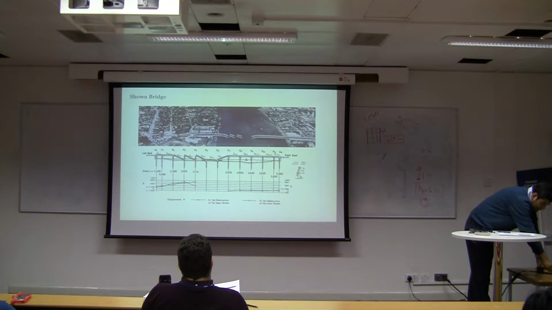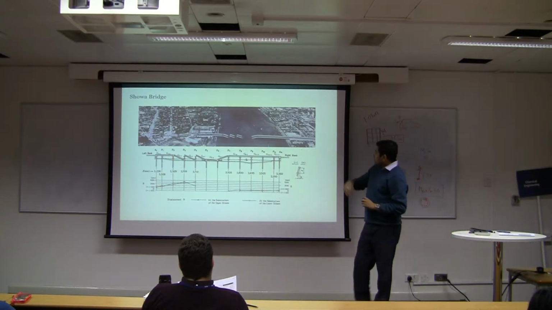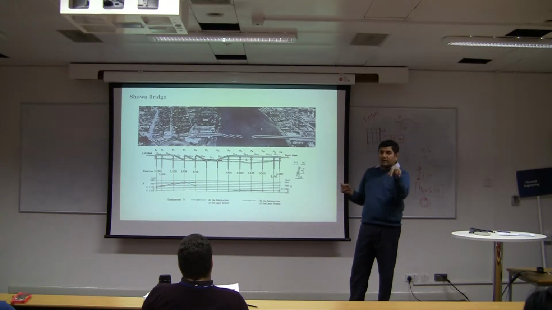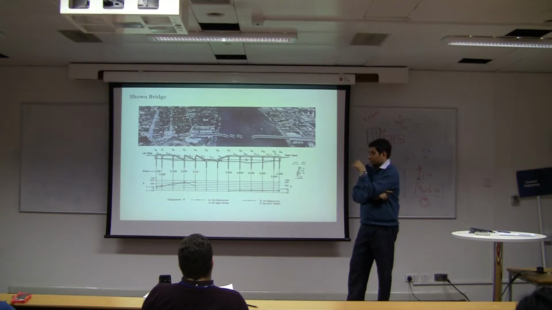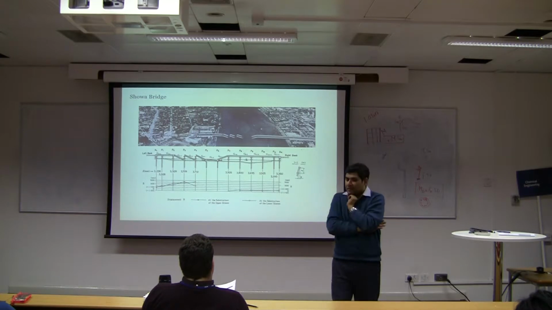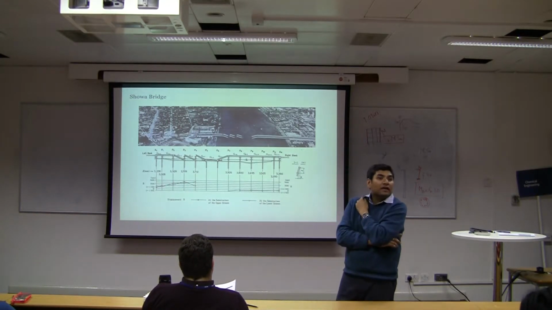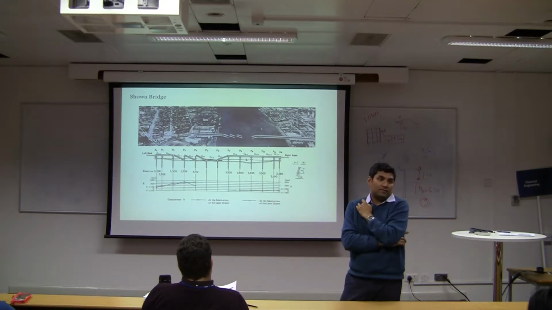Another example is this particular shore bridge. This bridge I've given in your coursework. It's a very interesting bridge. This is a new bridge, only 2 months old, with steel piles.